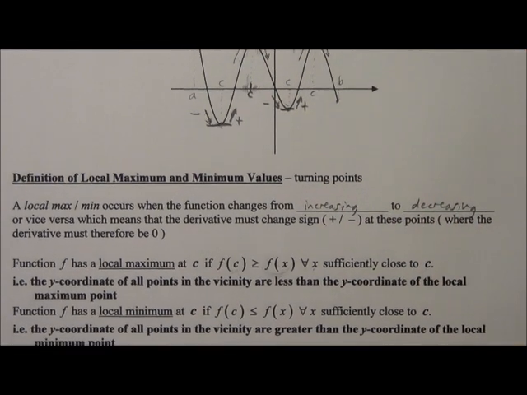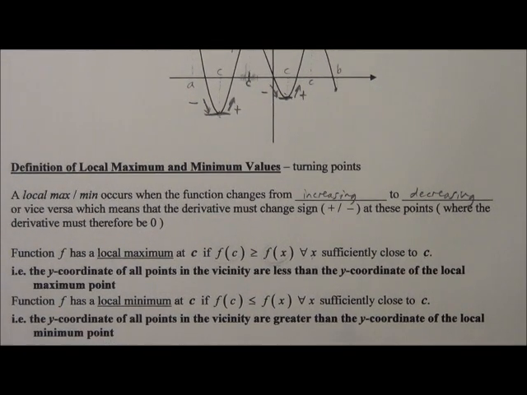When we talk about local minimum, it's the same sort of idea. A function has a local minimum at c if f of c, the function evaluated at the value of c, is less than or equal to all y values evaluated for all x sufficiently close to c.